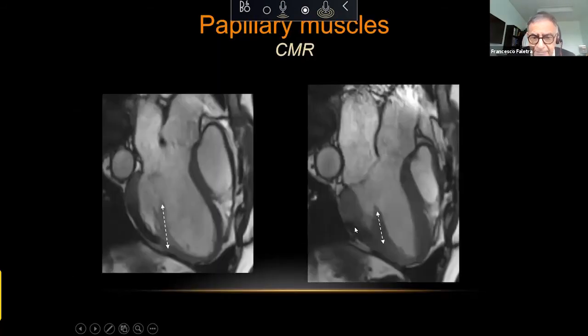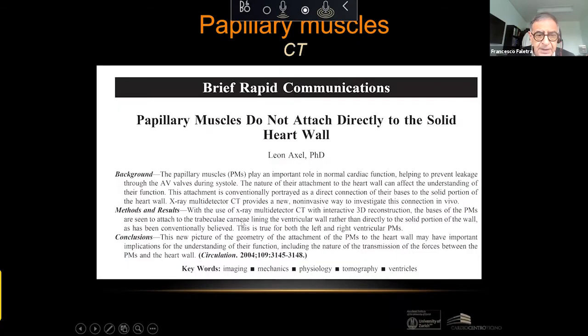And this is an MRI which shows the shortening of the papillary muscle here. This is another interesting paper from Leon Axel, a radiologist at the New York Medical School. I met him many years ago.